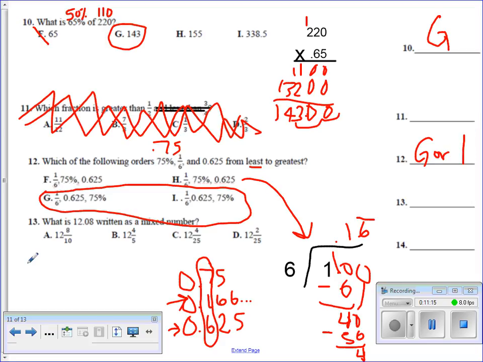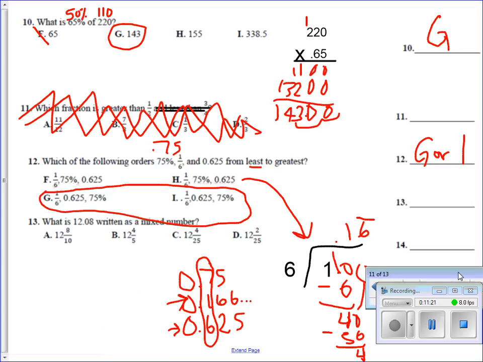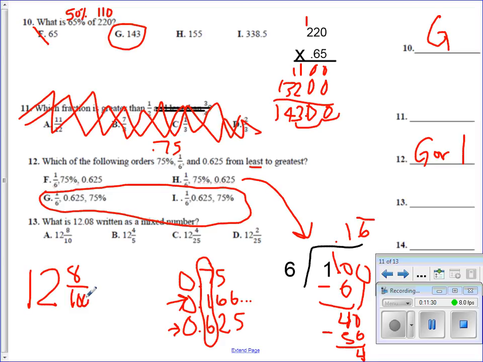All right, and the last question here says, what is 12 8/100 written as a mixed number? So if you think about what we just heard, 12 8/100. We have 12 8/100, and now we need to simplify it.